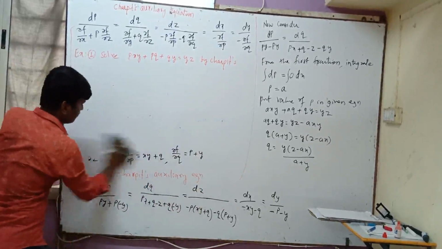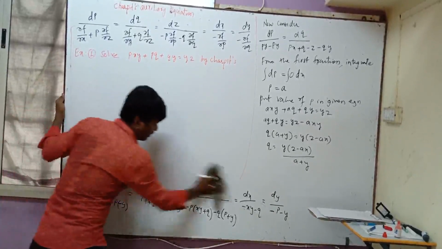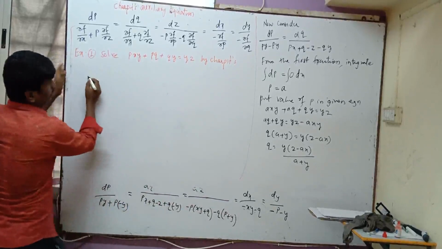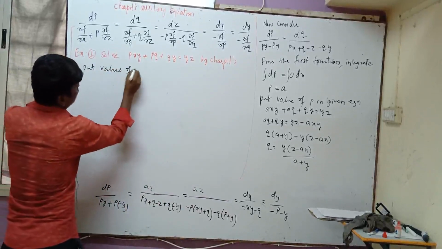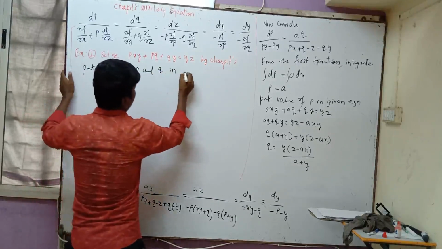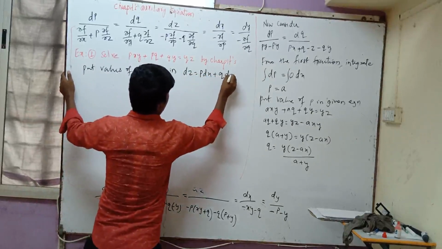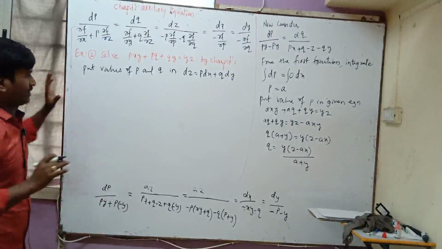Next, we came to the end of the solution: put the values of p and q in dz = p dx + q dy. This was step 3, and I have already given the method.